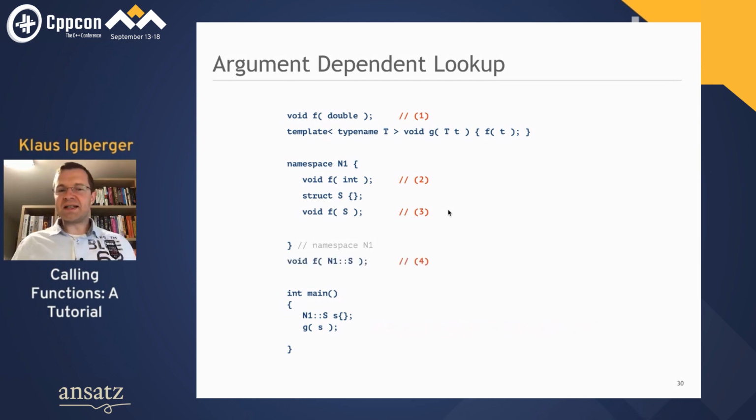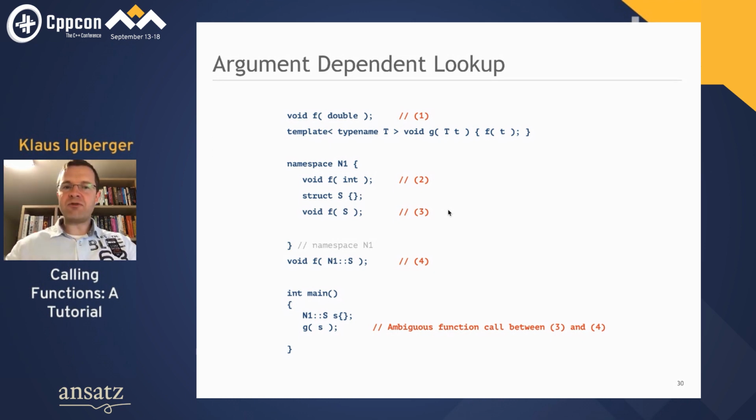Note that I said it additionally takes namespace n1 into account. If I would introduce another f in the global namespace that takes an n1 s, then a call to any f via g or f directly would actually be an ambiguous function call between function 3 and 4.